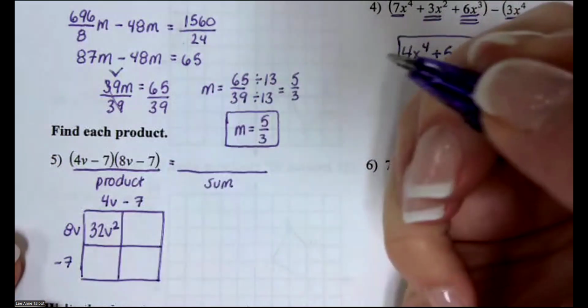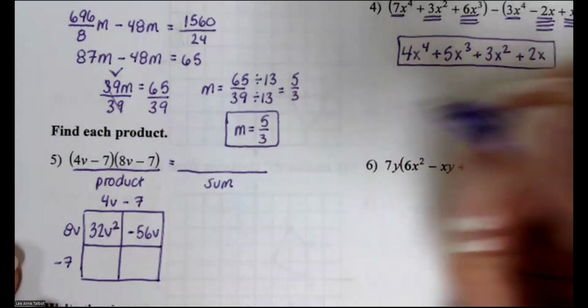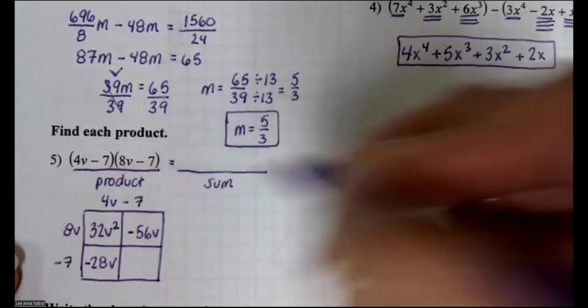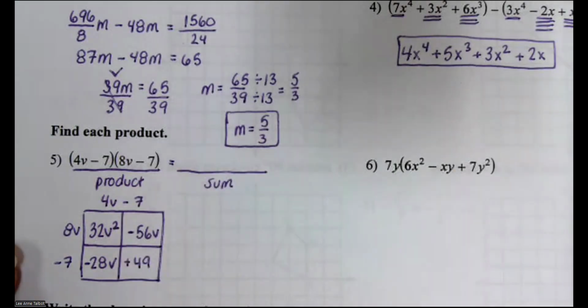32b squared, negative 56b, negative 28b, positive 49.